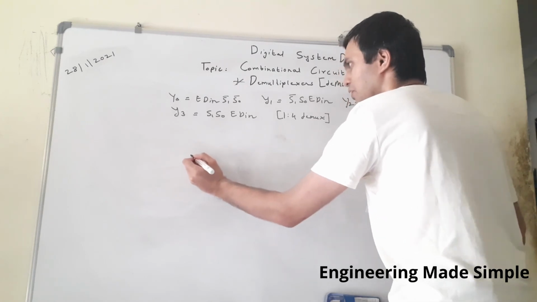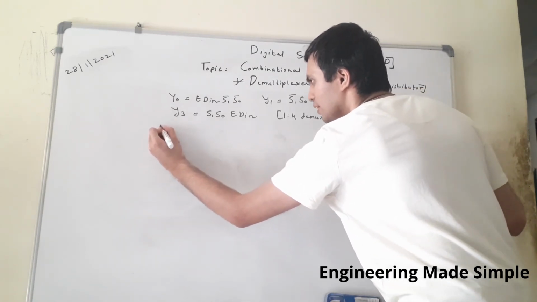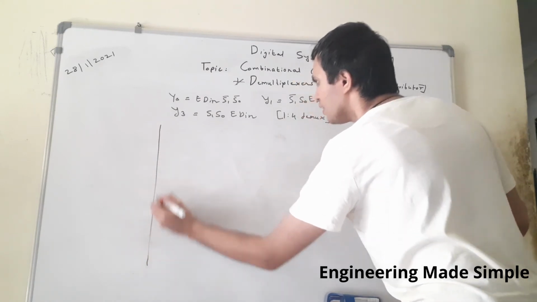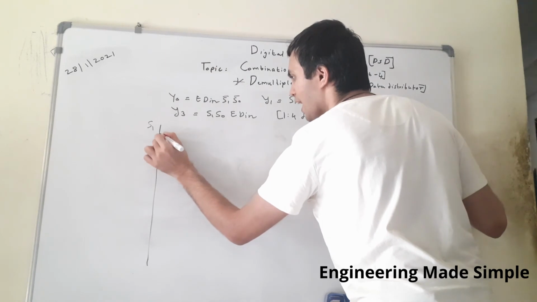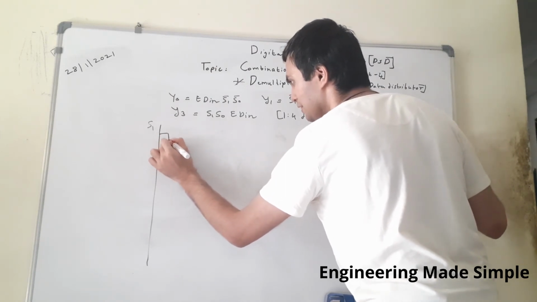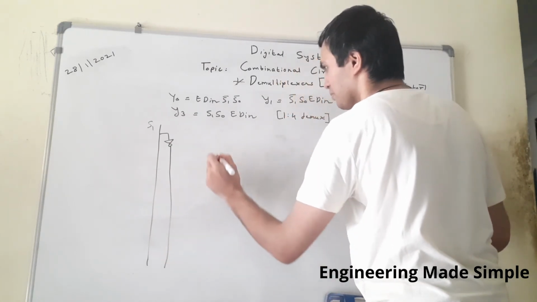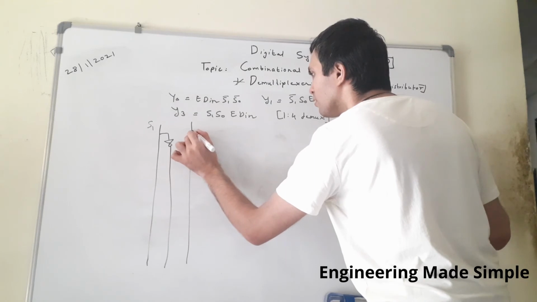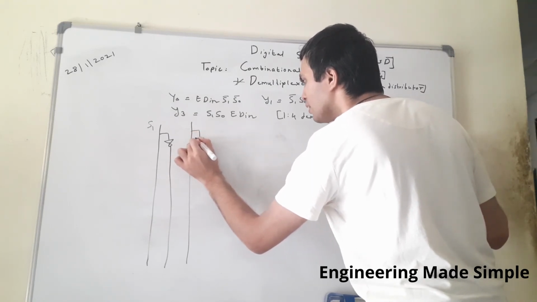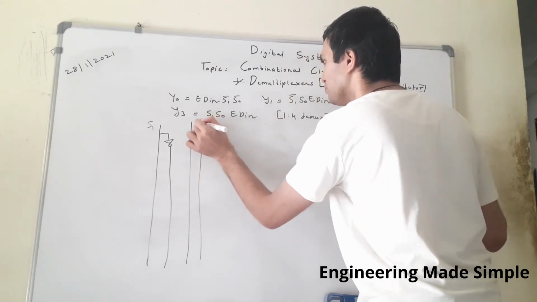So what are the inputs? The first one is S1, and as we need its complement also, let us connect a NOT gate which will give me S1 complement. Another NOT gate for the S0 input.